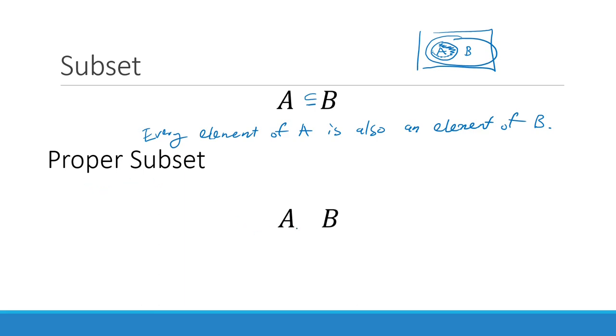A proper subset is A is contained in B, but A is not equal to B.